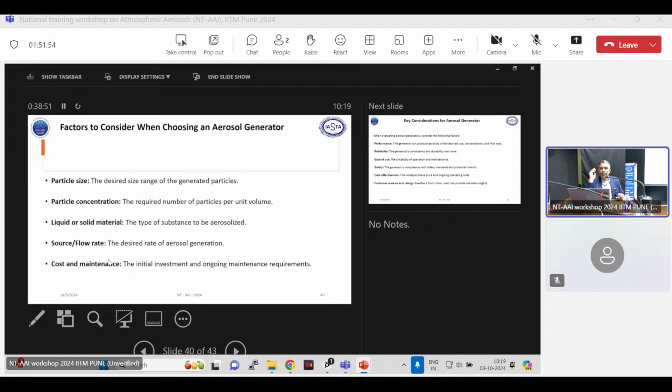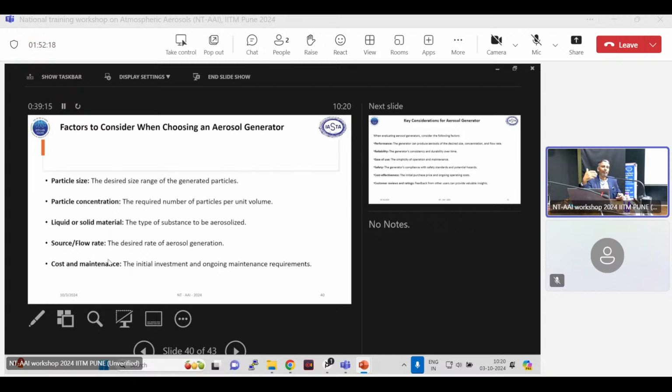So here, lastly, I want to convey what factors you need to consider when you are choosing the aerosol generator. First you need to know your problem, what problem you are attempting. The best fit for that problem means what research you want to do. So the best generator is what suits that research objective, meaning the generation method, and as much as possible you generate a similar type of aerosol.